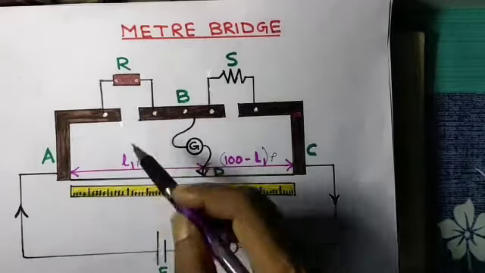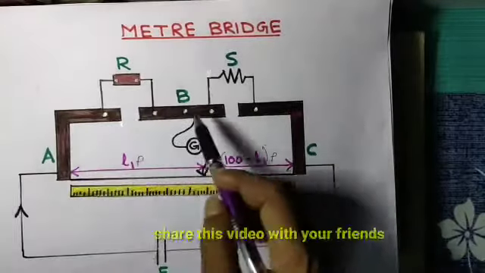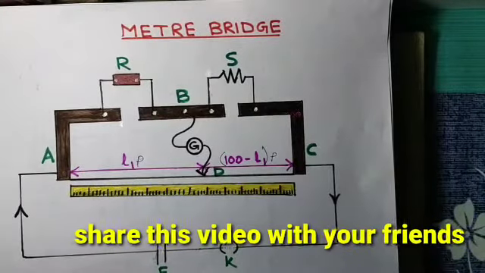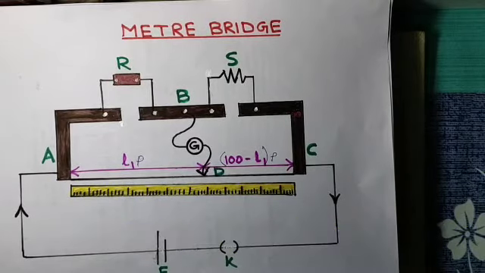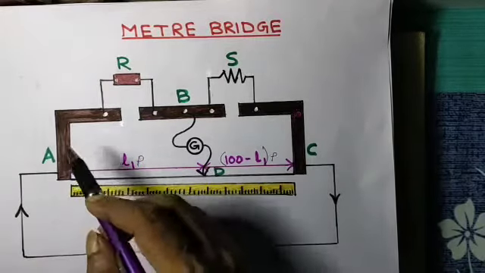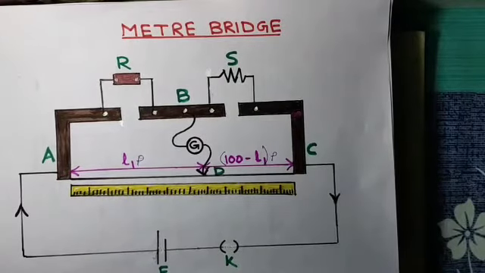As these strips are thick, the resistance of these strips is very negligible. So when we calculate the resistance from the meter bridge, we will neglect the resistance of these strips.